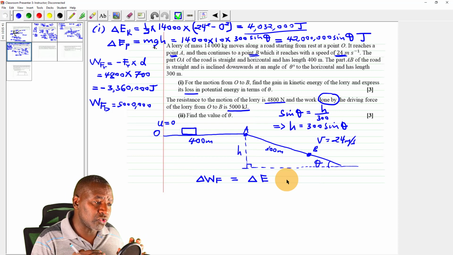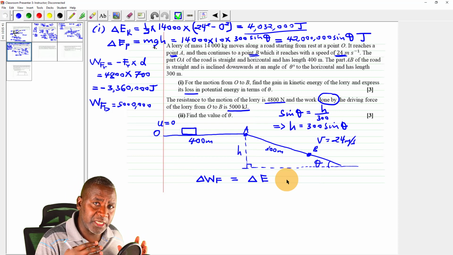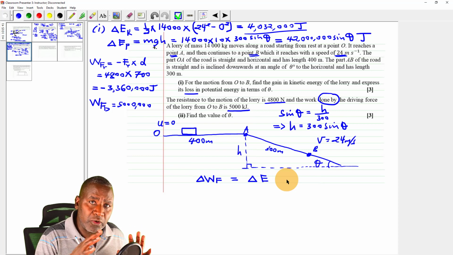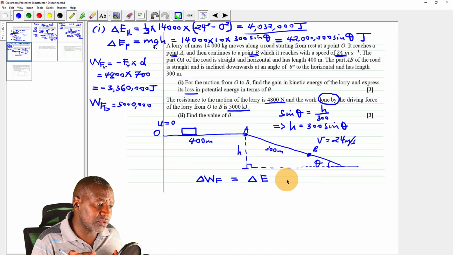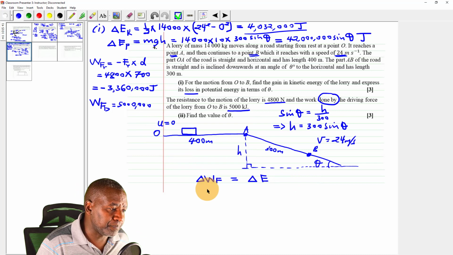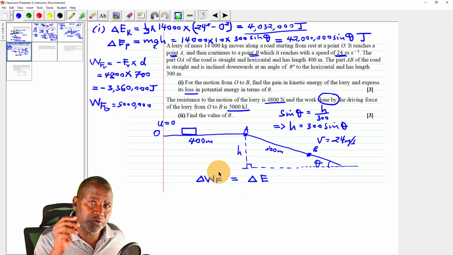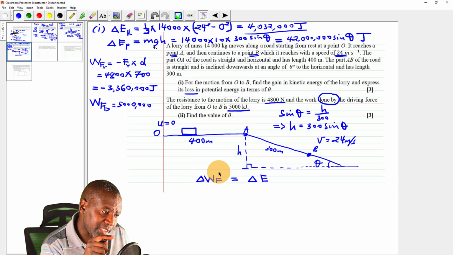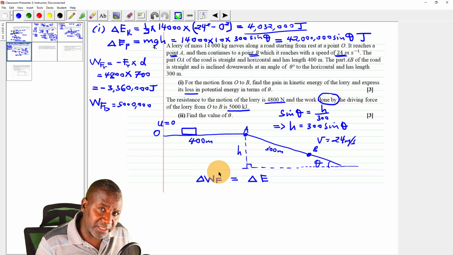So when I've got to repeat a particular concept, they are symbols that I normally use. When I use delta WF, it means work done on the object by external forces. When I use delta E, it means gain in energy of that object.